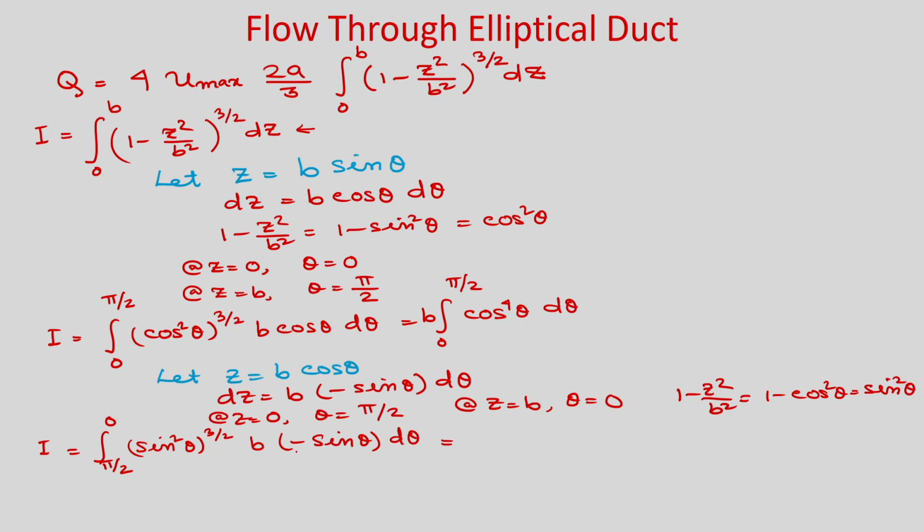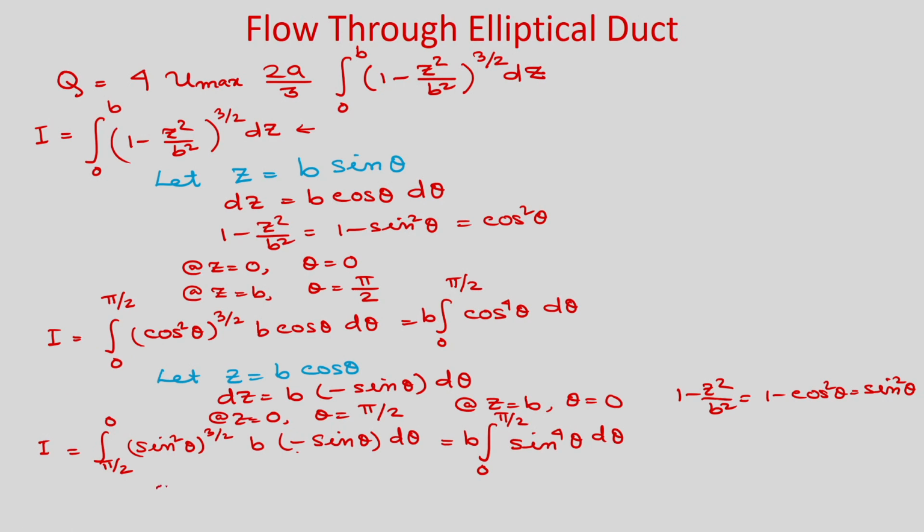So, here one minus sign is there and the integral is from pi by 2 to 0. So, now we will just change the limit from 0 to pi by 2, so this minus sign will not be there. So, we will get sin to the power 4 theta d theta, and b will be there outside the integral. So, what we will do now, we will add these two.